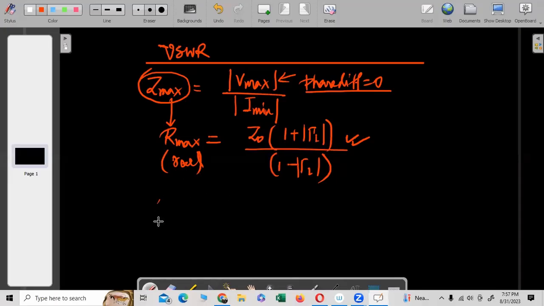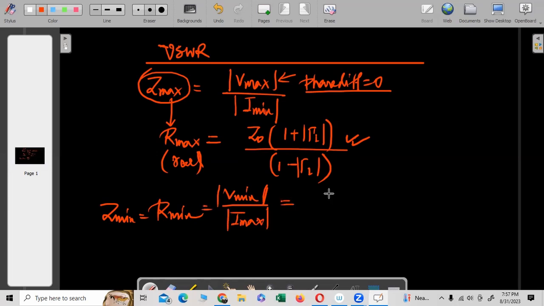Similarly, your Z min, which equals R min, will be V min divided by I max. So it will be Z naught times (1 minus mod gamma L) divided by (1 plus mod gamma L).